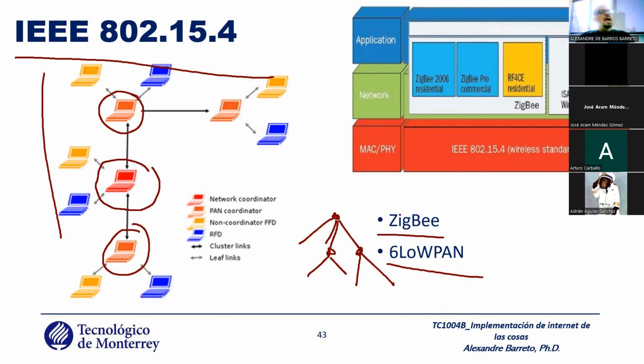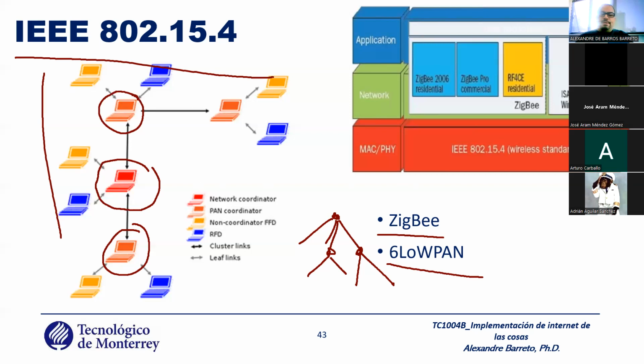I believe in the first class, in the first exercise where you prepared a PowerPoint about the Cisco IoT solutions, probably you studied one case that uses 6LoWPAN.